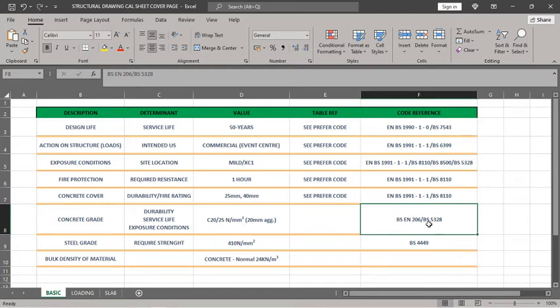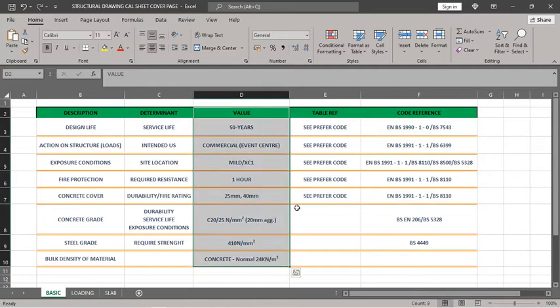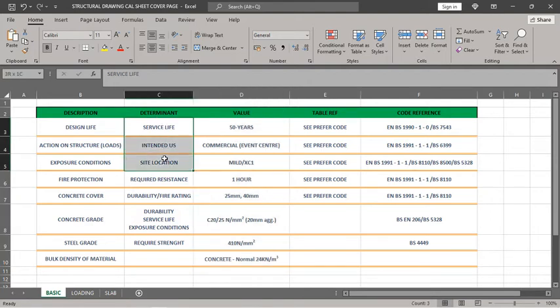Like I said, we'll be using BS, and I've stated the reason why. Then the strength of my concrete is 410. Then the bulk density. This information is very important because it determines the values you are going to use in your design, and all these factors determine that.